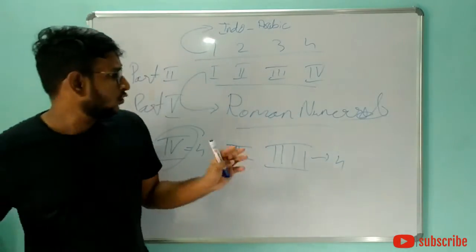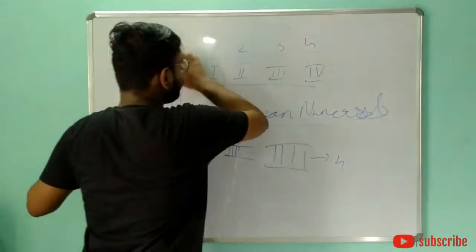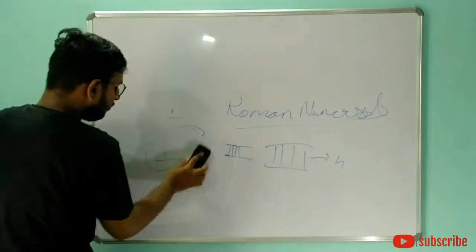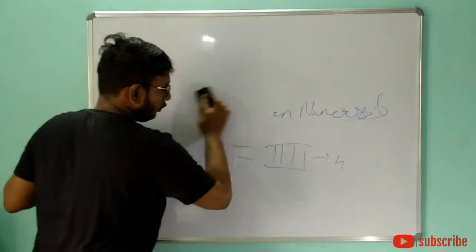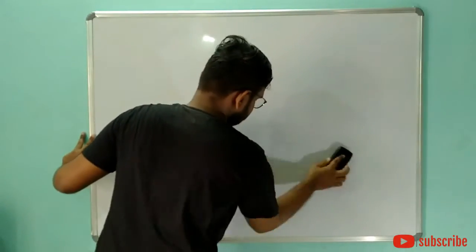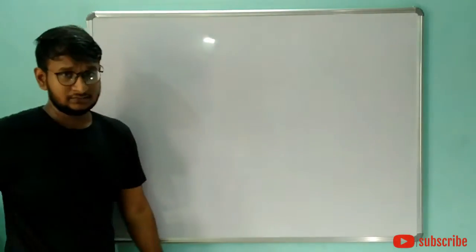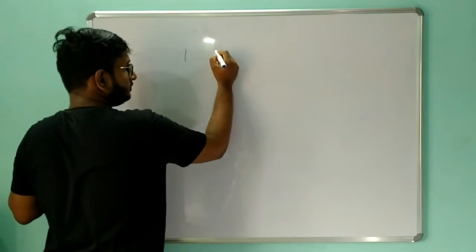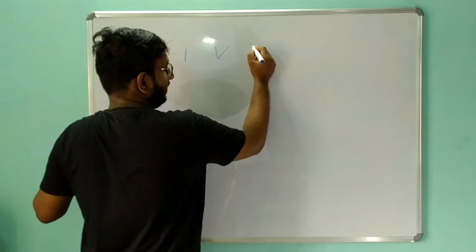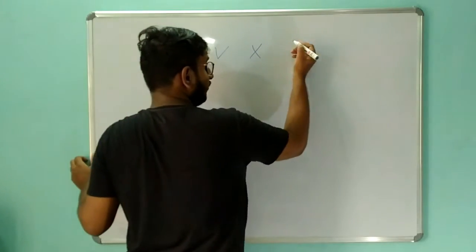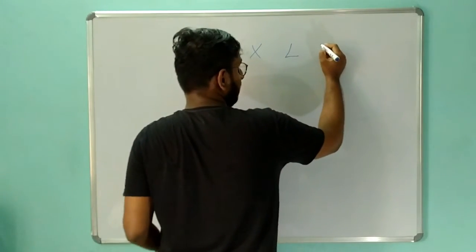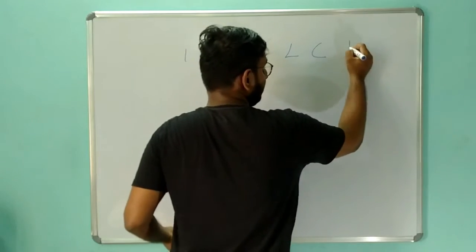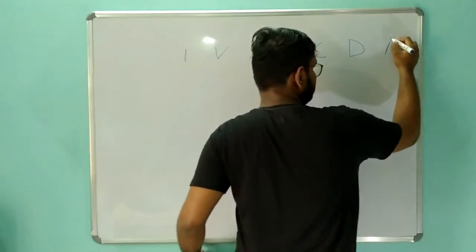In Roman numerals there are 7 symbols to be specific. I will first write the 7 symbols: 1, then 5, then 10, then 50, then 100, then 500, then 1000.